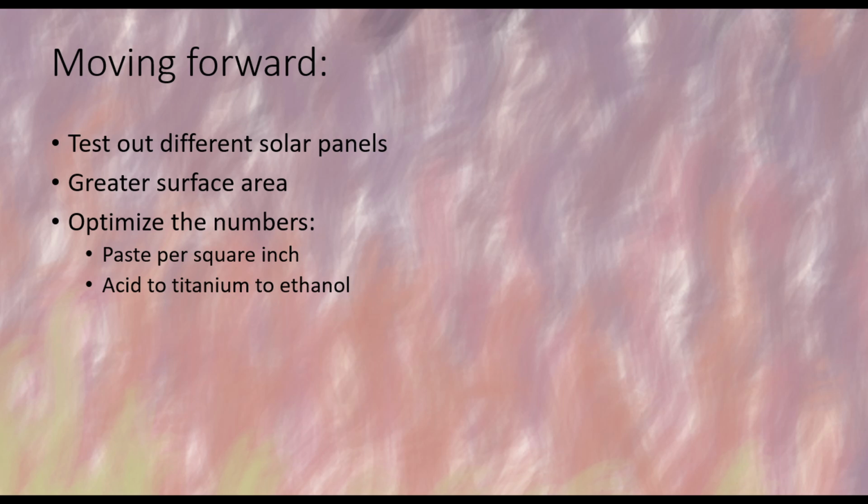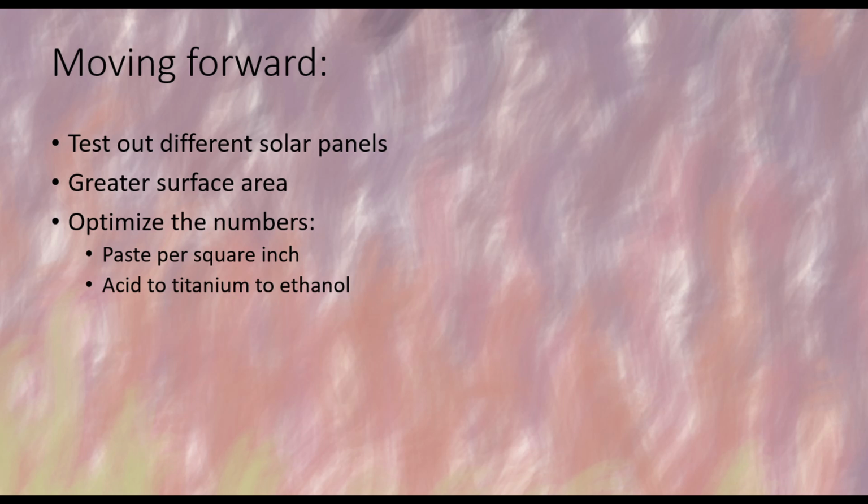Moving forward with this project, I would like to maybe try to reiterate that same voltage potential over the course of an entire square foot. Other things I'd like to do would be to optimize the numbers and really figure out exactly how much paste you want to apply per square inch.